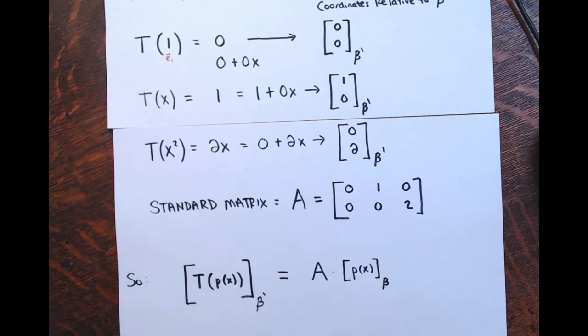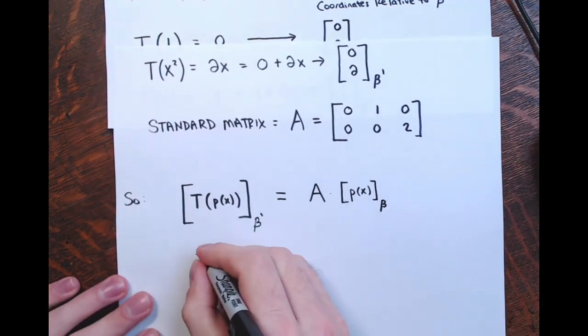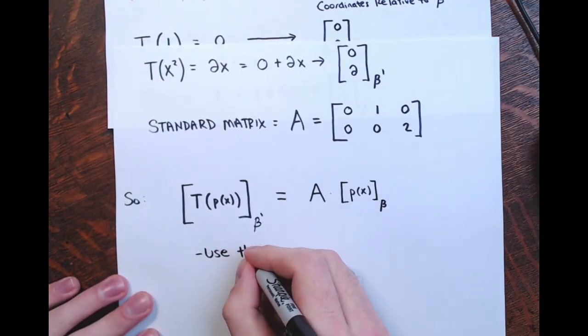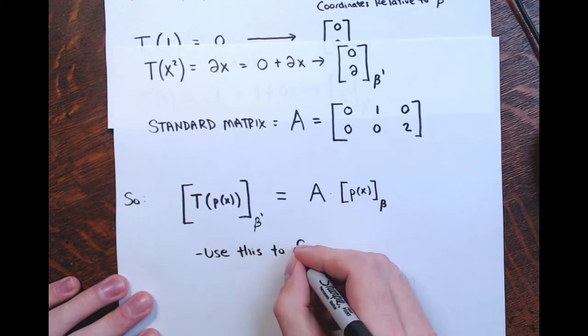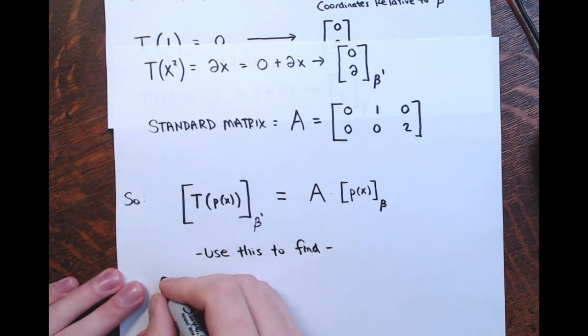So, for example, they're asking us to use this standard matrix to help find T of 3x squared minus 5x plus 7. All right, so we're going to use this to find the following.